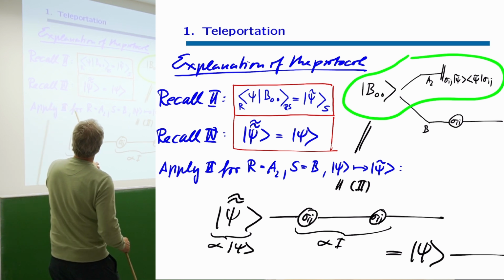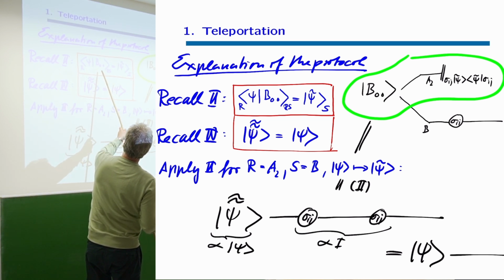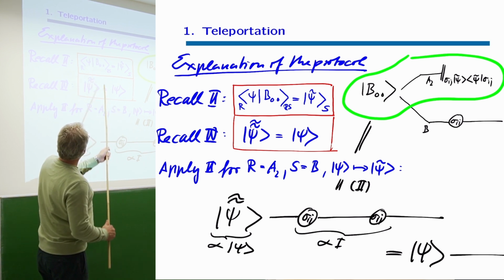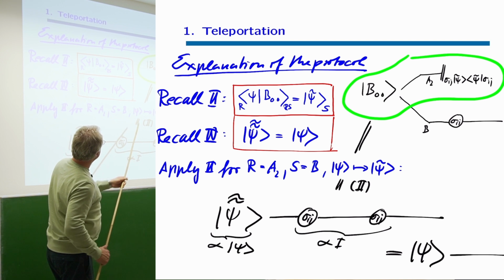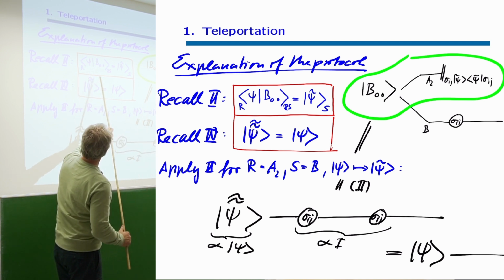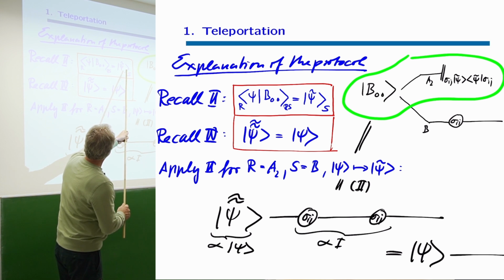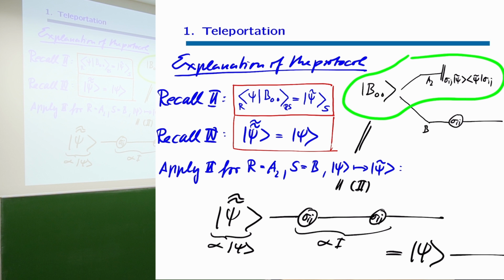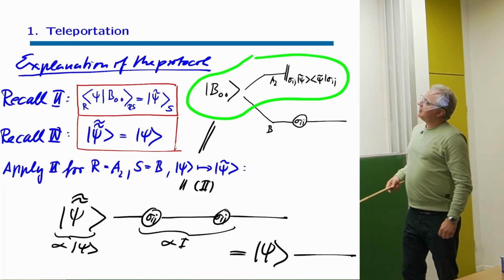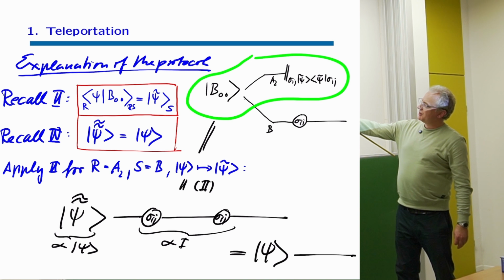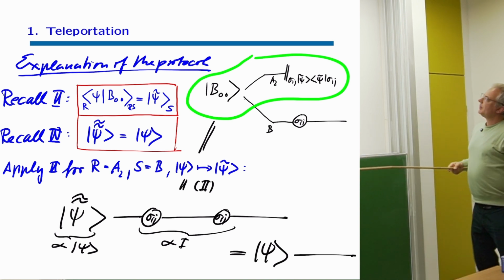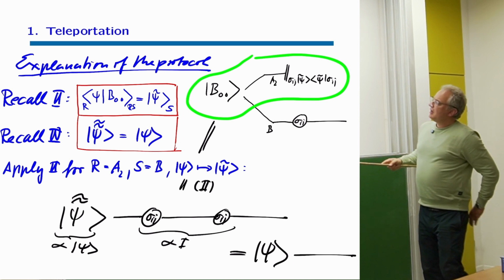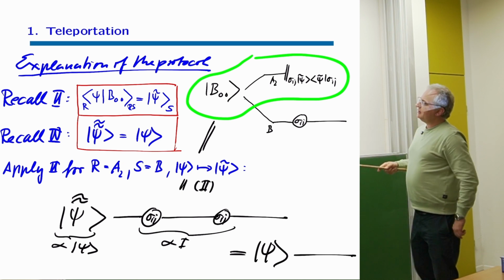Now we are using this other formula. What happens if we project a particle? This is exactly the situation that we have now. You project one particle of a Bell state into something, what do you get on the other side? This is what we have derived. We also use this other relation, that psi tilde tilde is psi again. So we begin with that circuit and apply this relation.